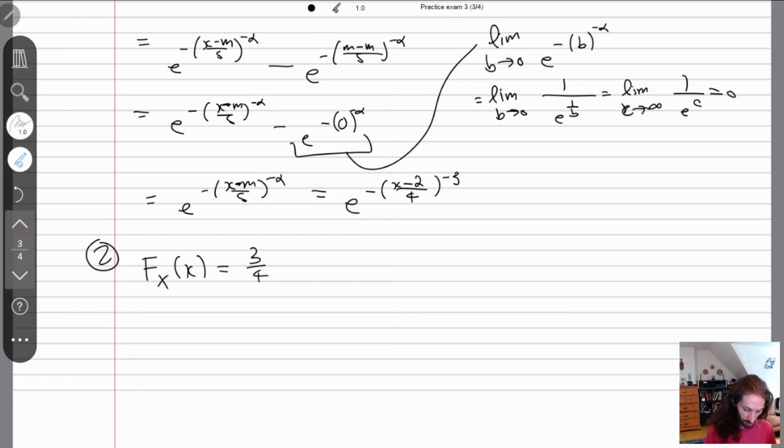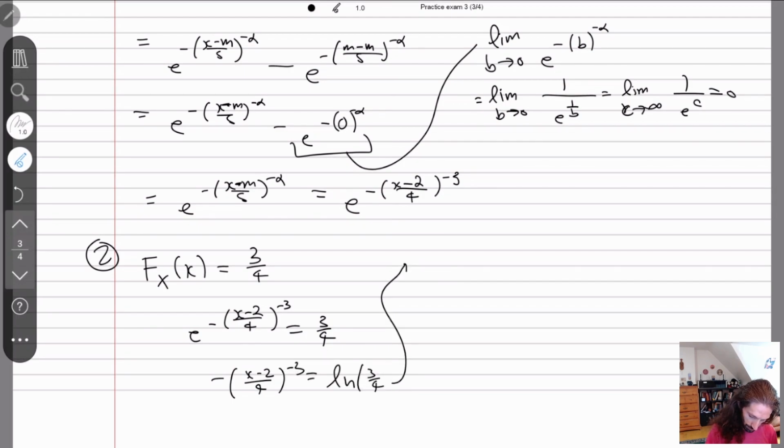So basically, I just need to solve this equation. So I have e to the minus x minus 2 over 4 to the minus 3 is equal to 3/4. So in other words, minus x minus 2 over 4 to the minus 3 is the natural log of 3/4. I'm running out of space, so I'll just do this here.